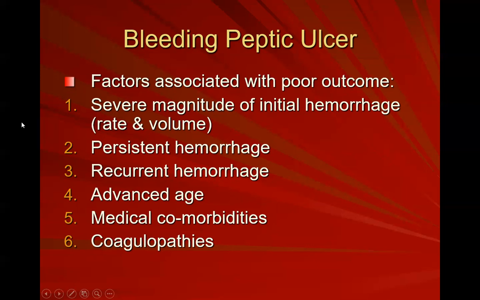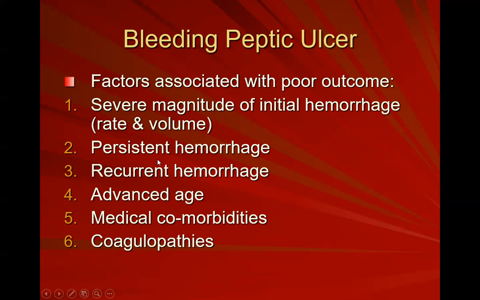The rate of bleeding, for example 1 liter per day, would be different from 1 liter per hour, even if the outcome was a loss of one liter. So initially the severity and the magnitude of the volume would determine the outcome.